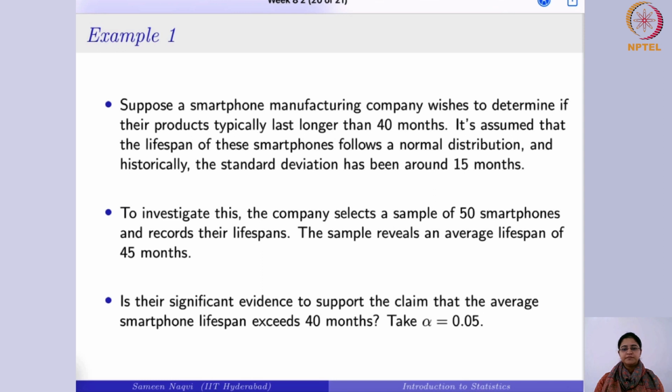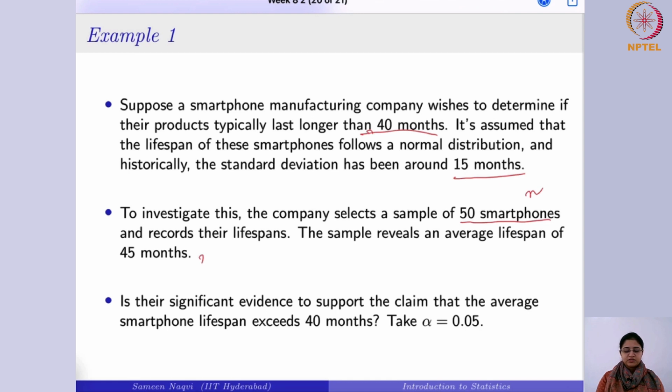So here what is happening? What you are given is that it typically lasts longer than 40 months. This value is given, and then the standard deviation over here is given. You have 50, so it is about the sample size n.